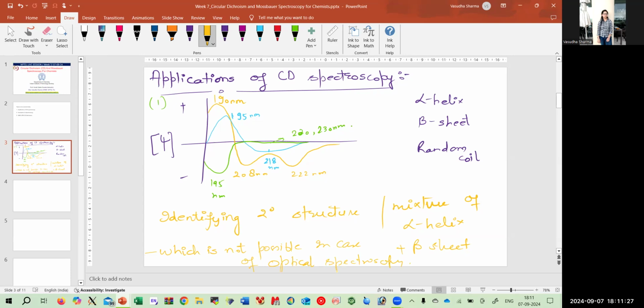But to be very defined regarding how much alpha helix, how much beta sheet, and whether there is a mixture of the two, we can easily see from CD spectroscopy.